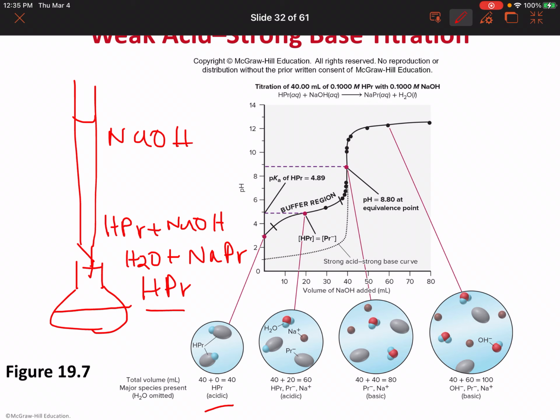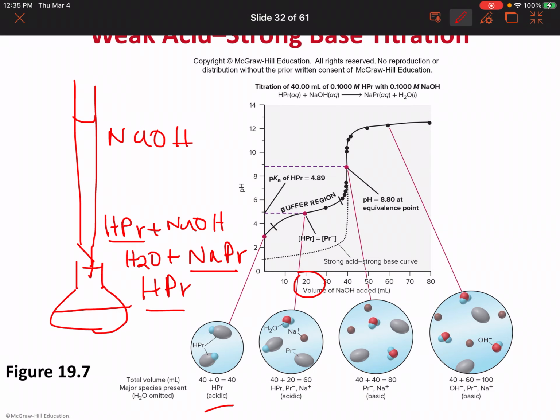So you keep on adding. When you add about 20 milliliters of sodium hydroxide, half of the HPr has been reacted, because you added half of the sodium hydroxide, and similarly half of the sodium propionate, the conjugate base, has also been made.